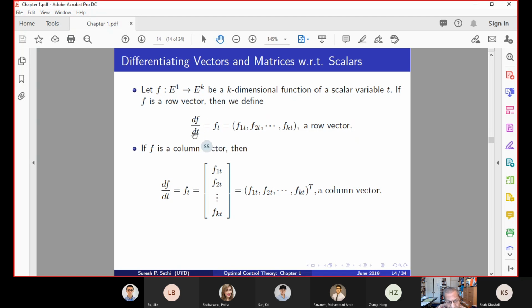So if I take the derivative of that with respect to t, and since f is a k-dimensional function, it will become f1'(t), f2'(t), fk'(t). Okay, just 1 second. Yeah, if it's a column vector, then it's f1'(t), f2'(t), fk'(t). So that's standard. So all this is very simple.